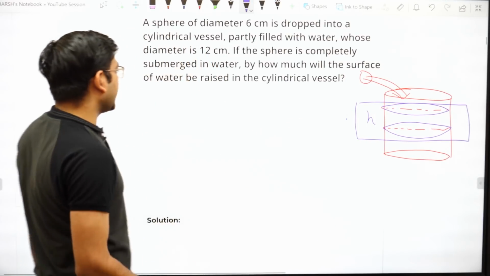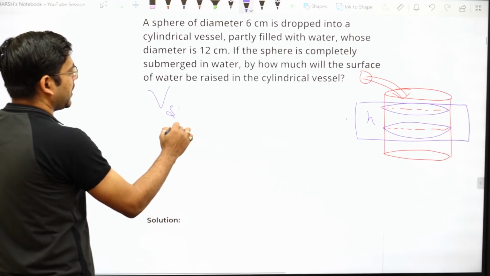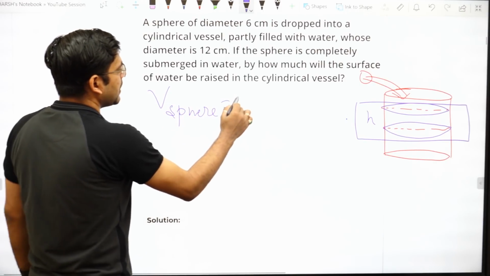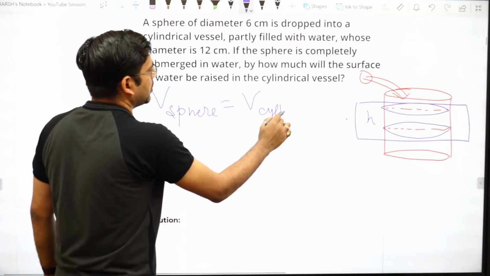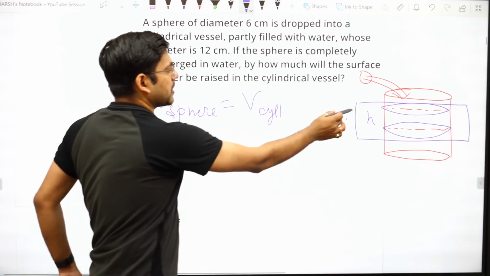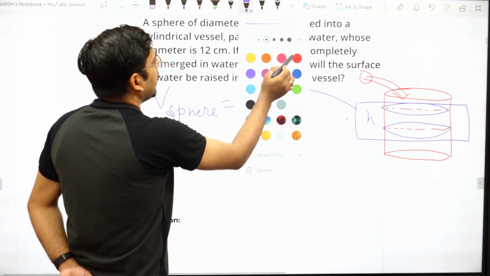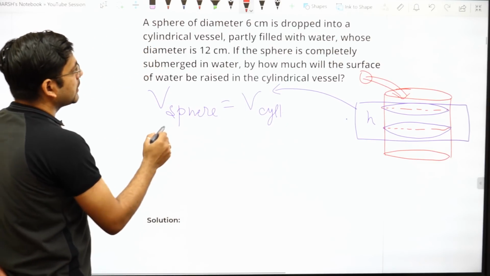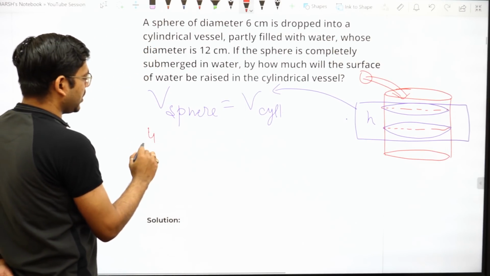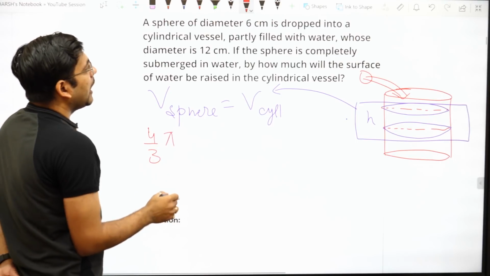Okay, so writing this, volume of sphere is equal to volume of cylinder. Not the original cylinder but this cylinder. Now for volume of sphere, that is 4 by 3 pi r cube.